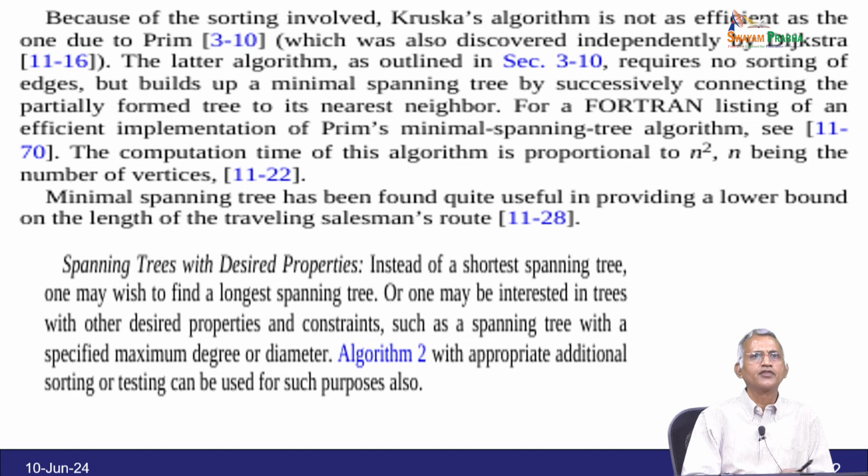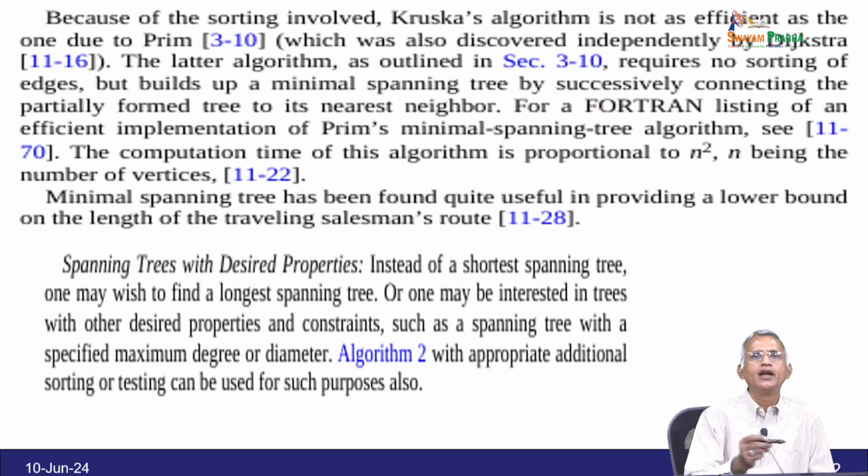Because of the sorting involved, Kruskal's algorithm is not as efficient as Prim's algorithm, which was independently described by Dijkstra. Later on we are going to discuss it. There is no sorting of the edges, but it builds up a minimal spanning tree by successively connecting the partially formed tree to the nearest neighbor.